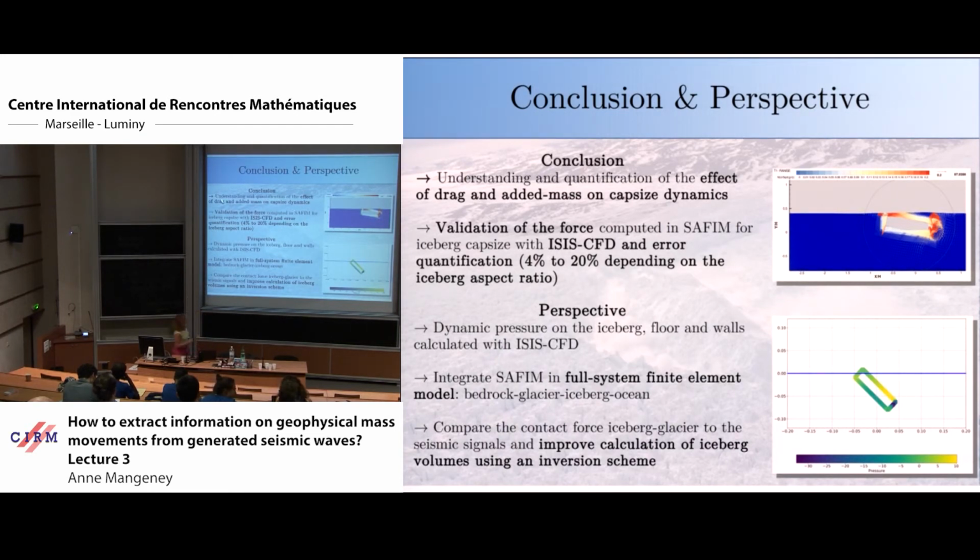And the thing is that fluid structure effects are hard to simplify, actually. But on the other hand, taking into account the full Navier-Stokes equation to do a lot of simulations is also difficult. So there is a position to keep and find the best way of inverting this volume.